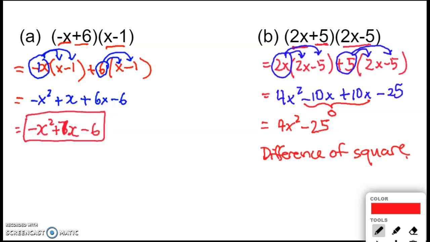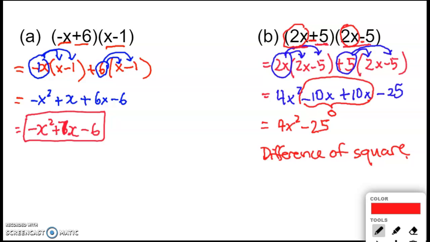But this happens when the first terms of the binomials are the same, and the second terms are the same except for the operation. One's positive, one's negative, but the magnitude of the number is the same. So it's actually plus or minus, and when you see that, they cancel out here.